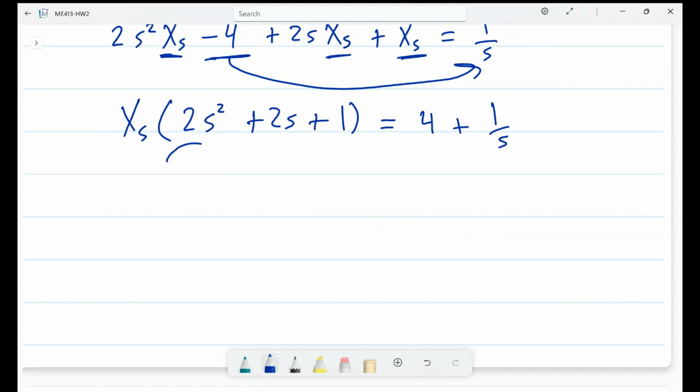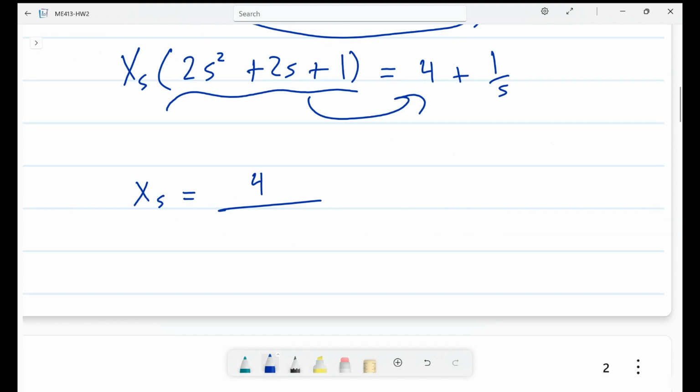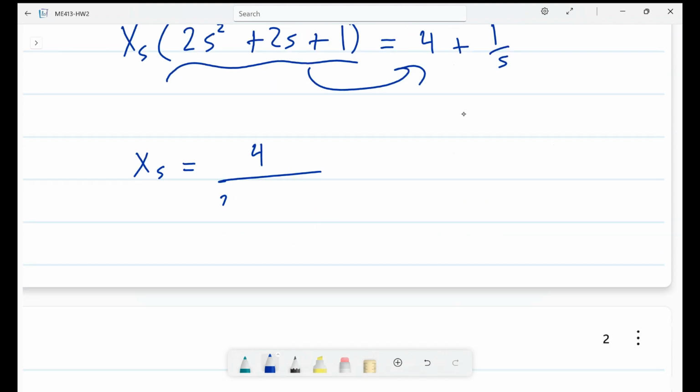Now we will divide it over these terms. So we will have X(s) equal 2 over 2s squared plus 2s plus 1, plus 1 over s multiplied by 2s squared plus 2s plus 1.